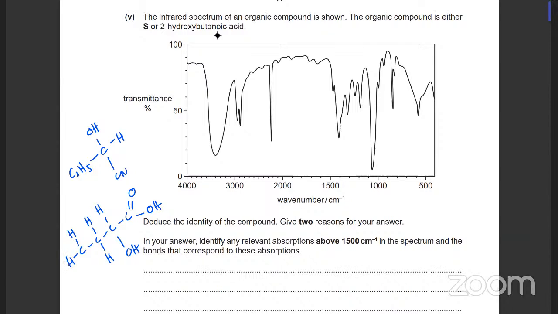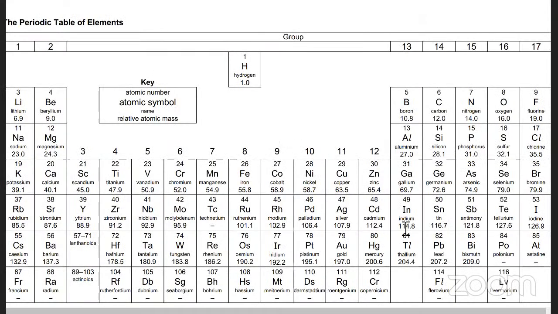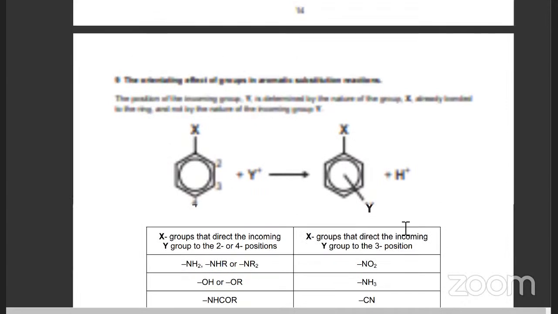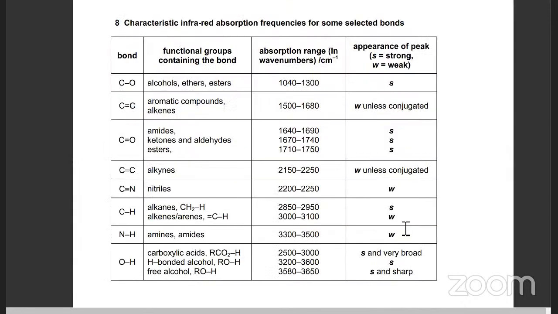So which one is this? First thing, you're getting a strong absorption at this point. So you'll open the data booklet, which would be given, and go to the infrared spectroscopy, and I think it's this one.